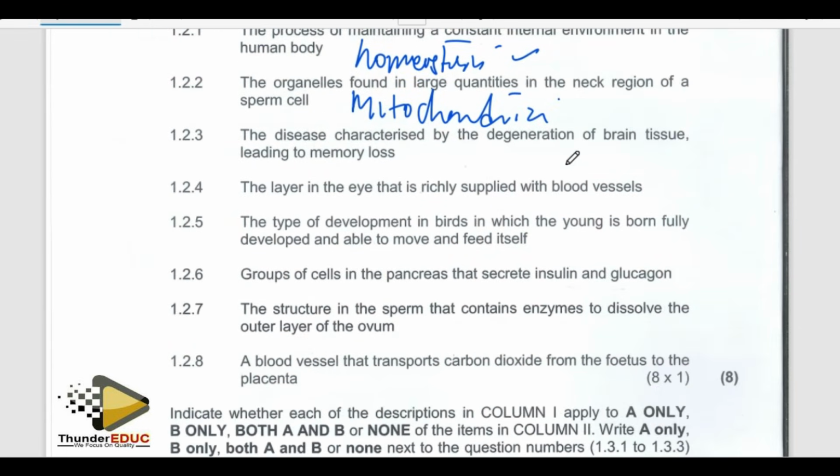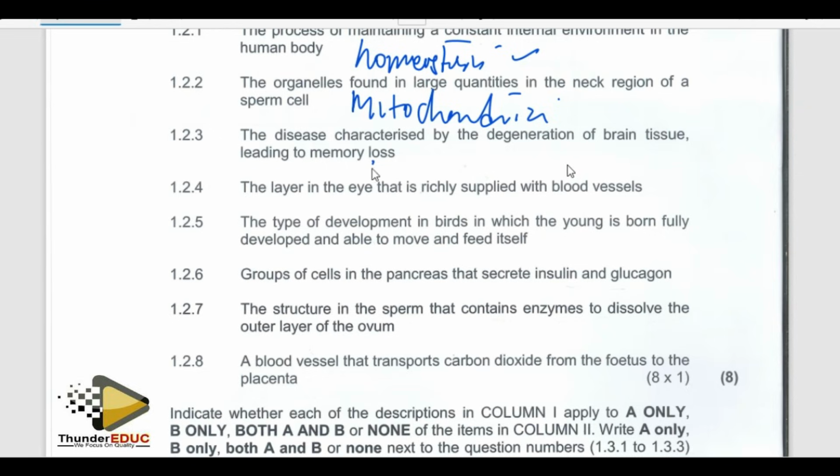They're saying disease characterized by degeneration of the brain tissue leading to memory loss. We call it degeneration of the myelin sheath is called multiple sclerosis. But now here they're saying degeneration of the brain tissue leading to memory loss.